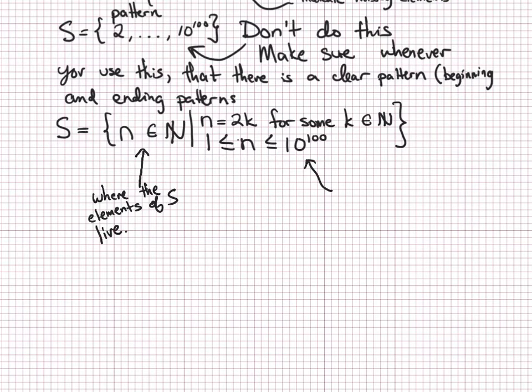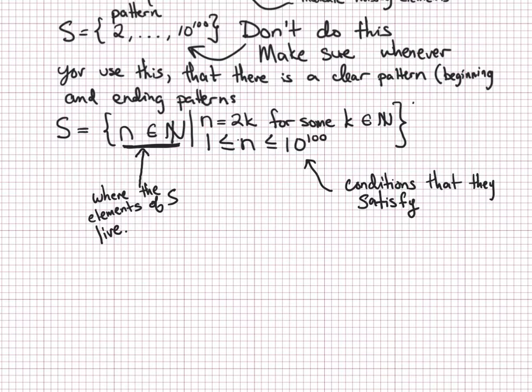And this is telling you the conditions that they satisfy. So this is telling you that S consists of natural numbers, right? This is true because we're just dealing with even numbers. They have to satisfy these conditions.